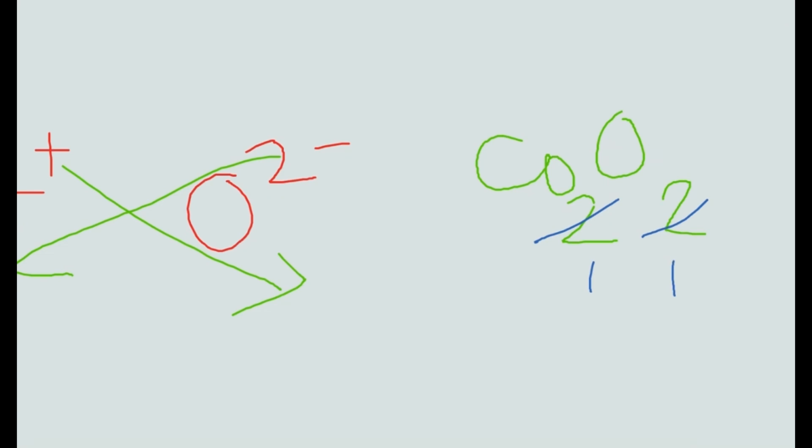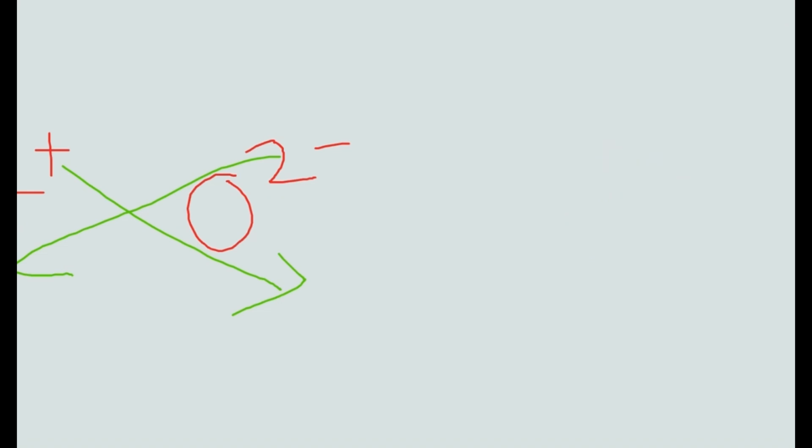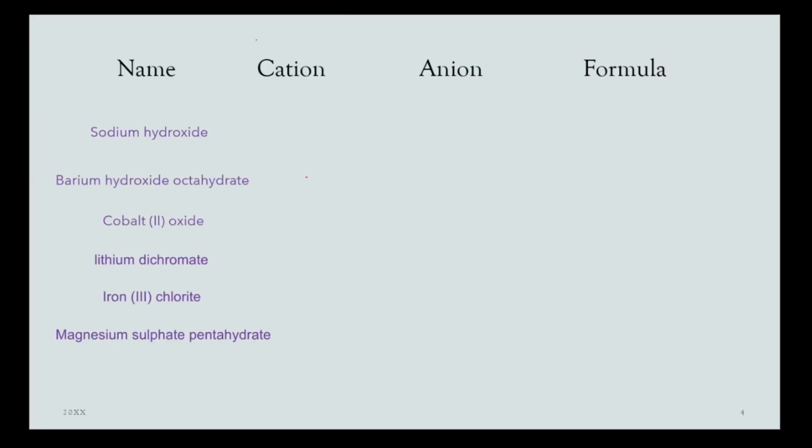But we don't write 1 in the case of chemical formulas. So we will just write CoO, which is cobalt oxide with a 2 valency. And this is what the formula for cobalt oxide looks like. I have done 3 for you and I'm leaving the rest for you to solve.